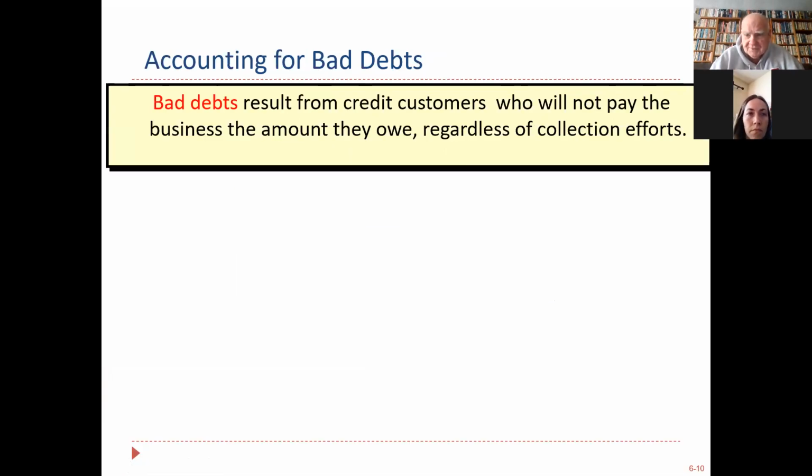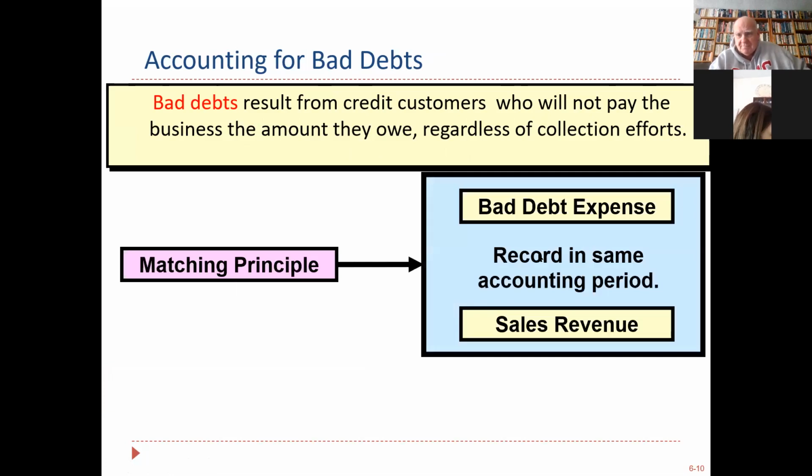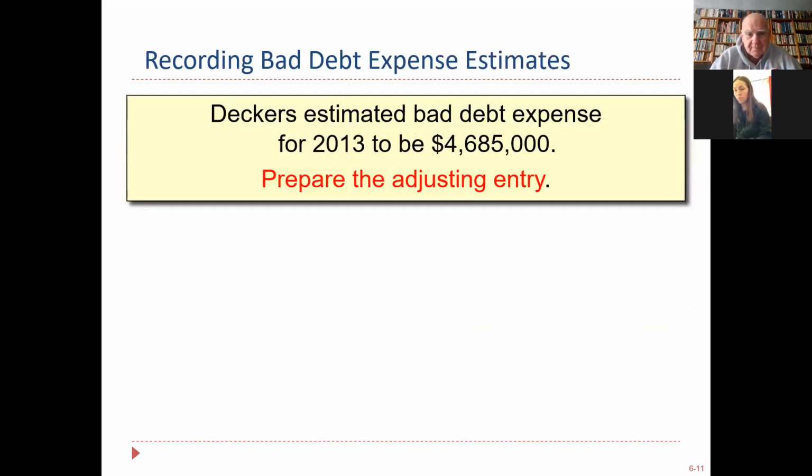Okay, here we go. Bad debts. We must recognize bad debts expense at the end of the month. Bad debts expense is an adjusting journal entry done at month end. It is done by either reviewing your sales for the current month or looking at your aging of accounts receivable. The journal entry is always going to be the same in terms of the accounts.